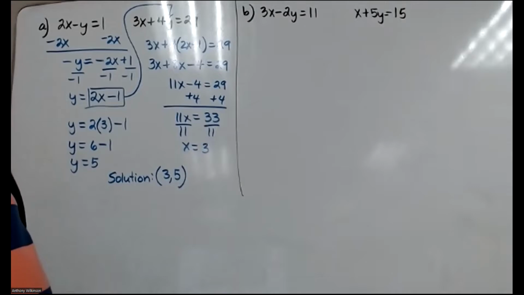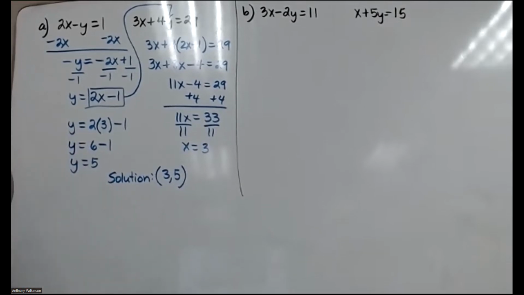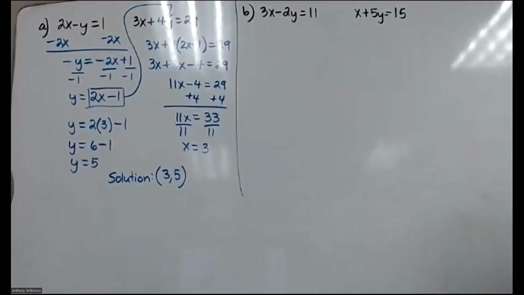Which equation would be easy to work with to get the variable by itself, the first or the second? It'll be the second, because notice that the x has an understood coefficient of 1. So here I need to get x by itself. What would I need to do here to get x by itself?